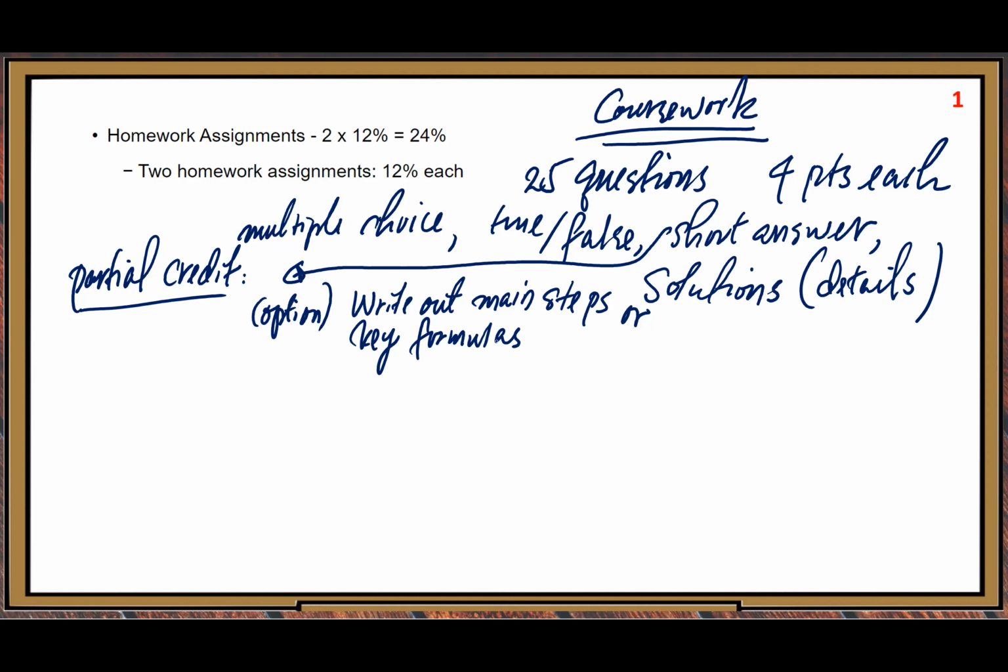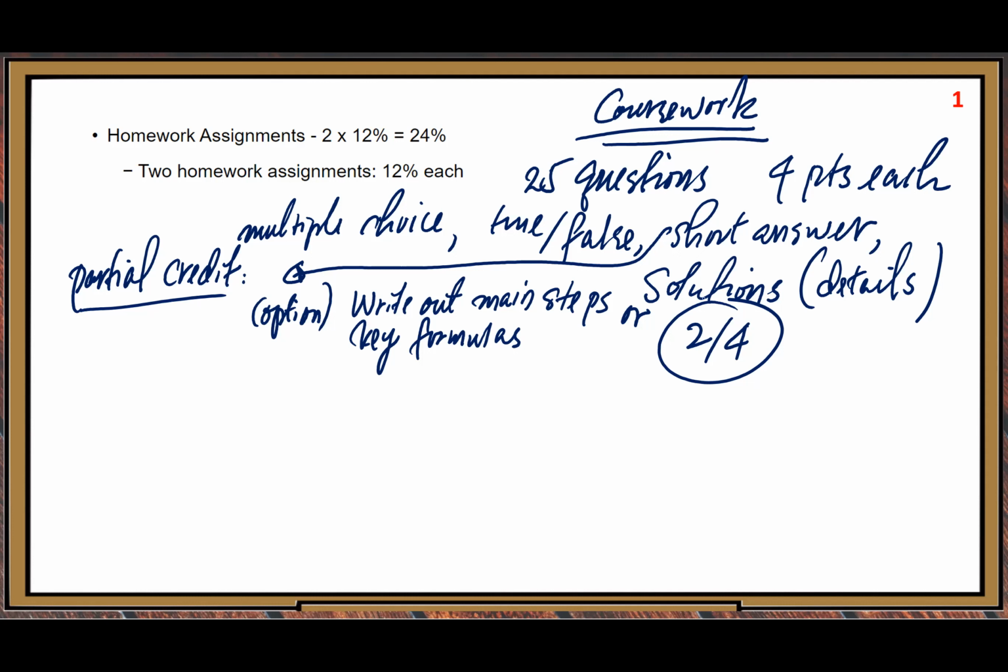You just put the main step, the main idea, the key formulas, just a few lines. If I see you use the right way to solve this problem, although you missed the true answer, I can still give you partial credit. Usually I give you 2 out of 4, because each question is worth 4 points, but you get a main idea, you get a key formula, so I will give you 2 points. That's the typical situation.